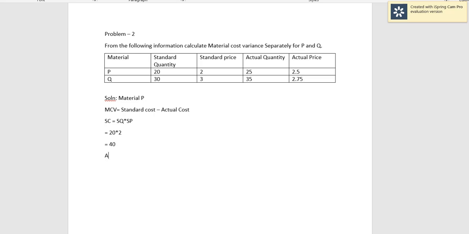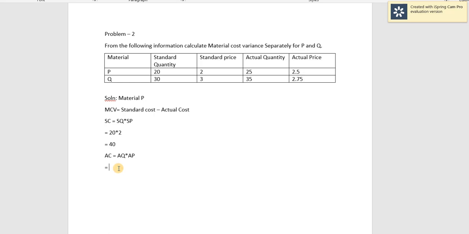Next, actual cost is equal to actual quantity into actual price. Now we'll see for material P, actual quantity is 25 and actual price is 2.5.